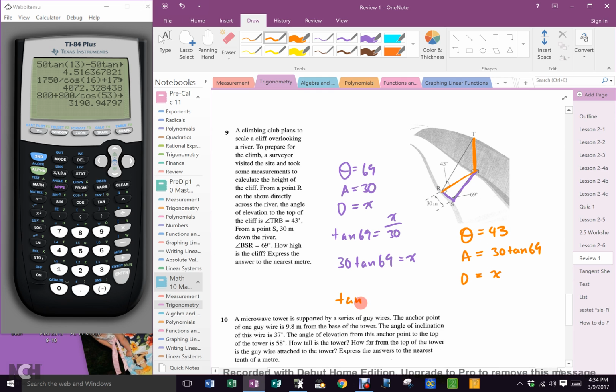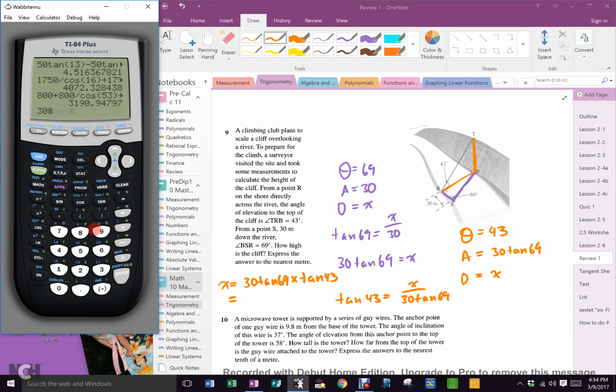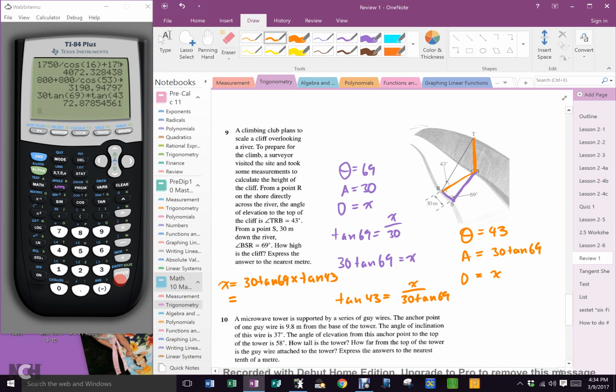So tan 43 equals opposite x over adjacent 30 tan 69. Numbers on the bottom, so x equals 30 tan 69 times tan 43. 30 tan 69 times tan 43. 73 meters.